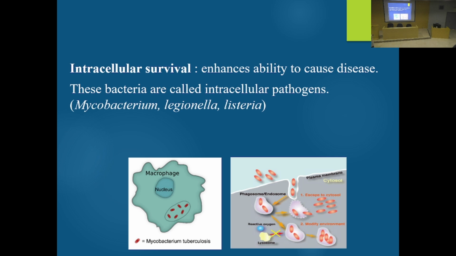So, they produce some signals which make them escape to the cytosol of the macrophage, or they prevent this lysosome endosome attachment. Okay, so like that, when these normal phagocytic mechanisms are prevented, the bacterium can survive within the cell.